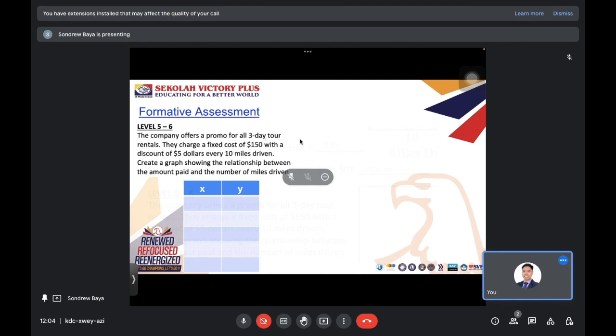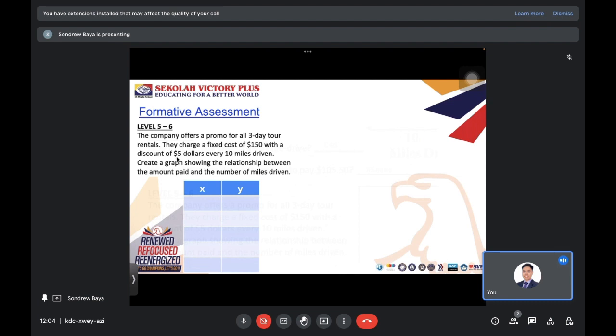Now, however, the company offers a discount. So though they are to pay 150, which is fixed cost, every 10 miles they drive, there is a discount of $5. So you expect that the amount, which is 150, will still be reduced depending on how far they have driven.